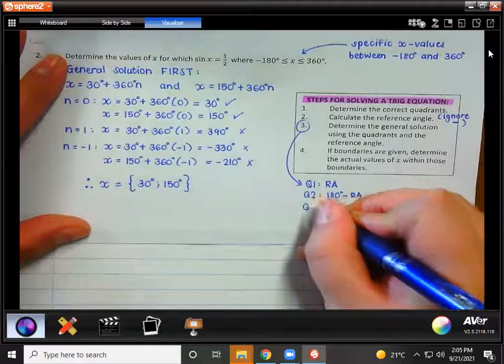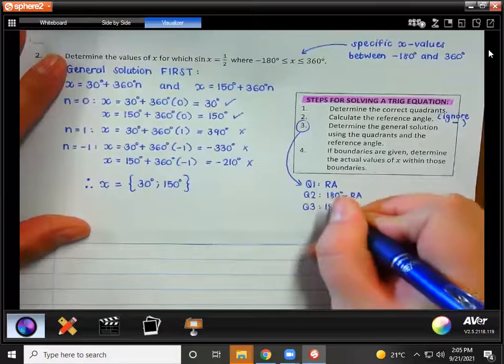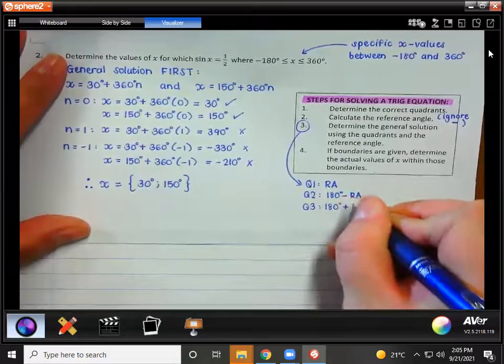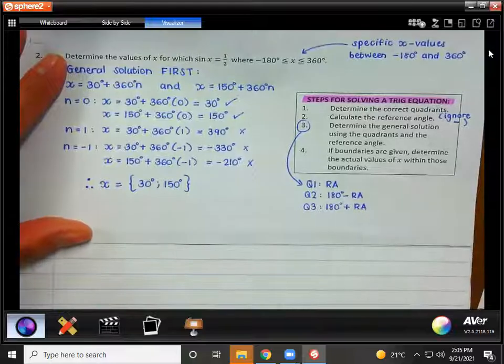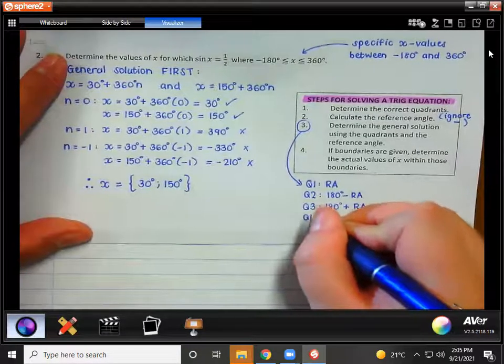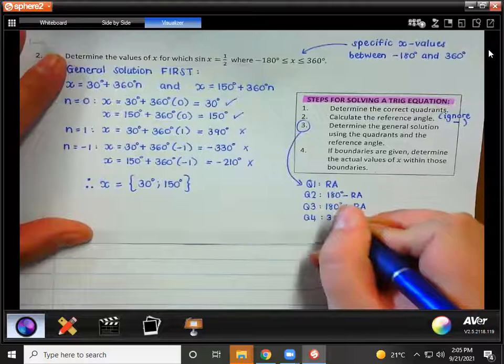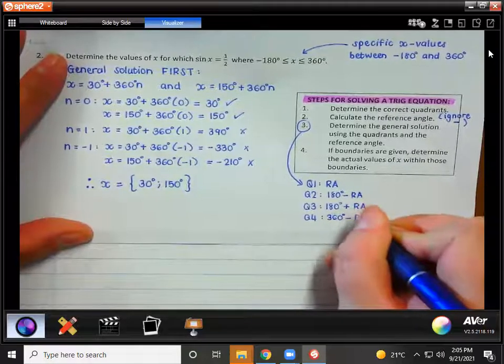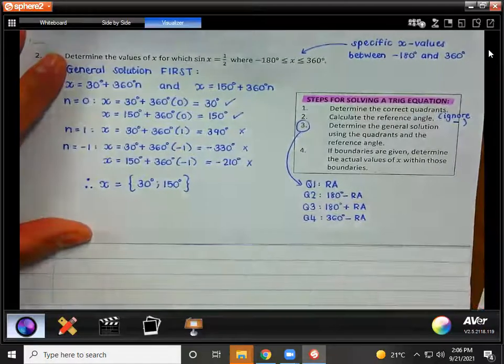For quadrant 3, you're going to do 180 plus the reference angle. And for quadrant 4, we're going to do 360 minus the reference angle.